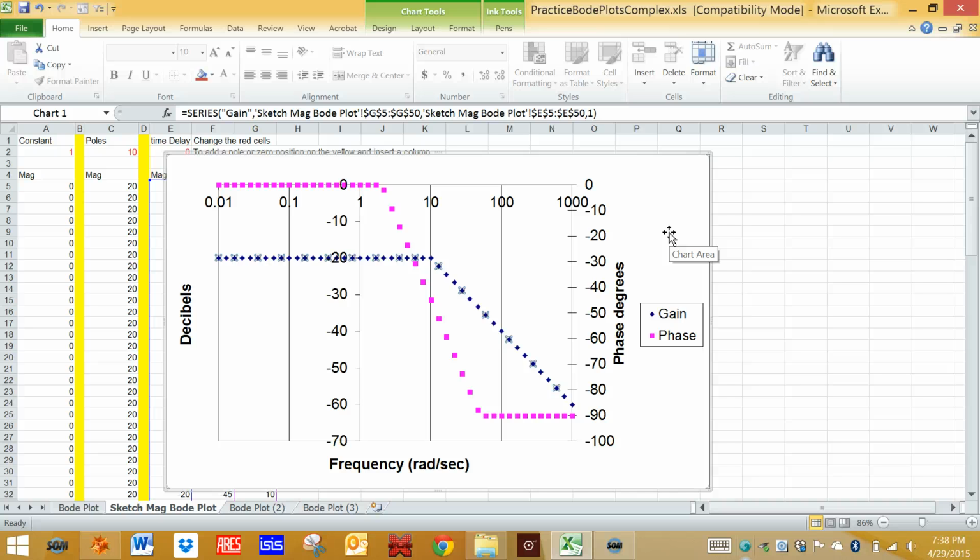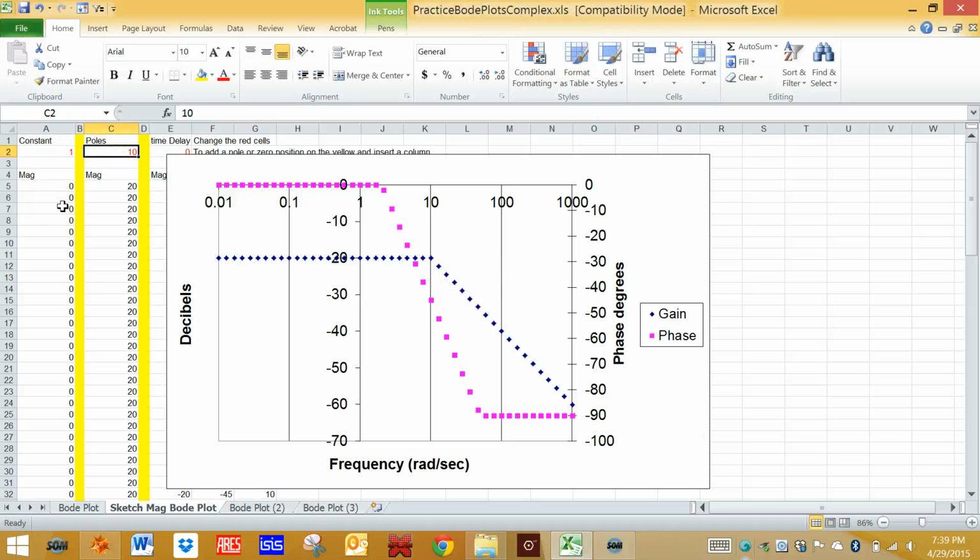I'm not showing what to do with the phase in this class, just the gain. So anyway, if you look at the gain, I see one place where the slope has changed. The slope changes at 10. And if you notice, that's where the pole is, over here. The pole is at s plus 10. And the slope changes at that point.